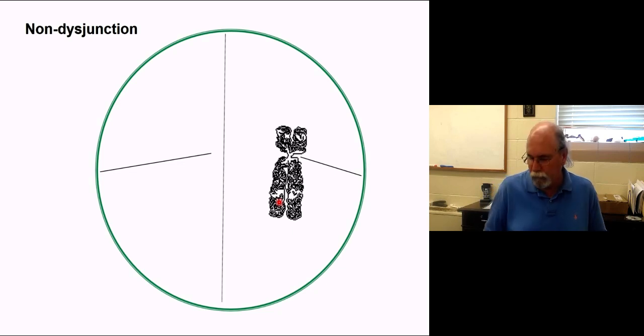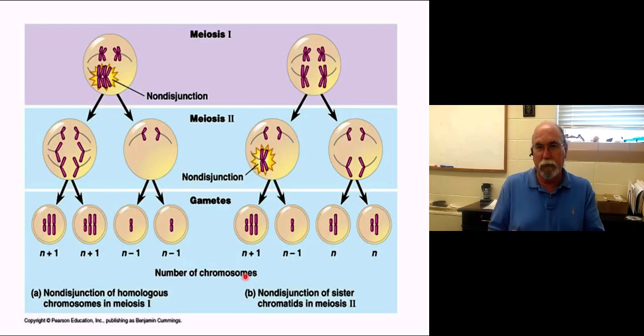Now this can occur anywhere. It can occur in mitosis, although that tends to be short-lived, since it only affects the future cells from there. Or it can occur in meiosis, which means it's potentially going to be passed down. This figure, which is very common on the web and in your notes, you really need to look at and pay attention to. Nondisjunction in meiosis can occur in one of two places.